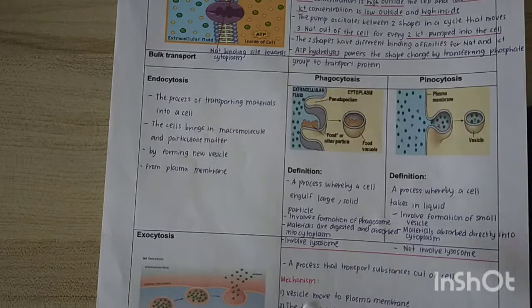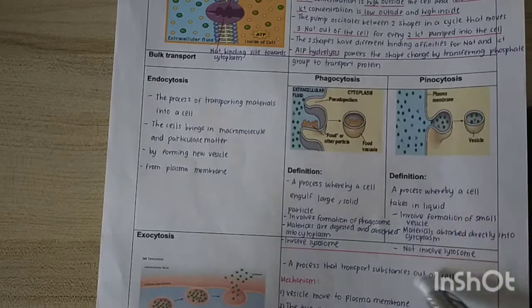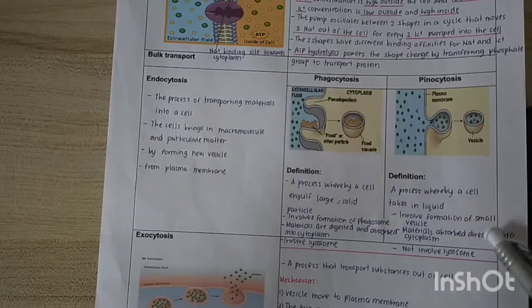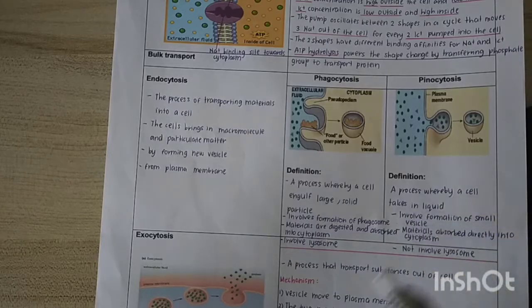While for pinocytosis, since the particle is already in liquid, it does not need to be digested anymore. So that's why it does not involve lysosome. So what happened to the material? Material will be absorbed directly into the cytoplasm. Maksudnya dia tak melibatkan digestion.